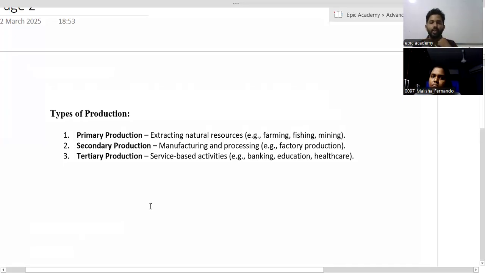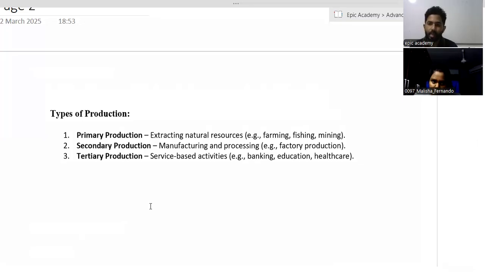Always they are going to use new technology, isn't it? Yes. ATM machines, online payment, online banking, any kind of transaction without borders between countries, every service based on technology. So now you can identify that in tertiary production, each and everything is based on technology. So we say they are using advanced technology.